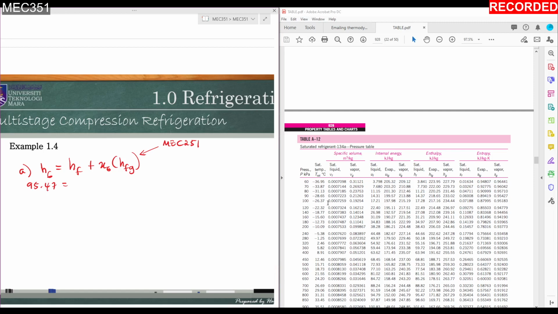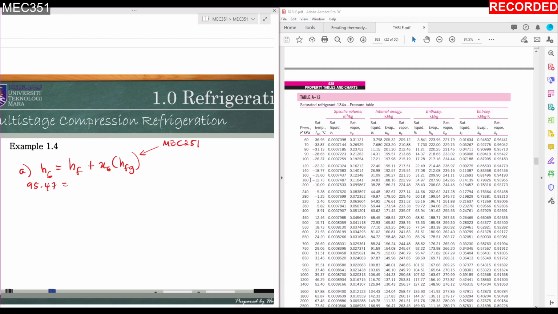Okay, so 0.32 MPa here, 320 kilopascal. The value of HF is equal to 55.16 plus x6 HFG is 196.71.